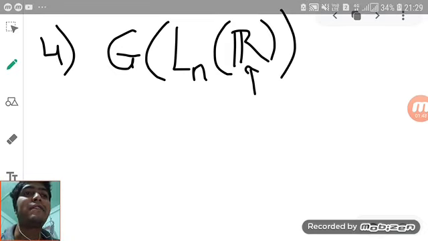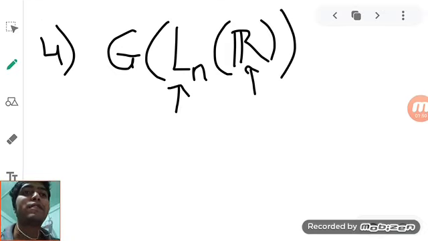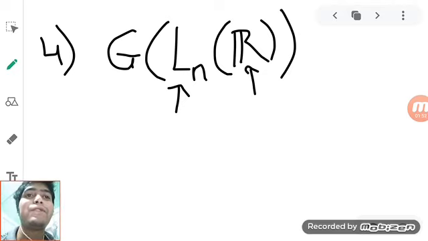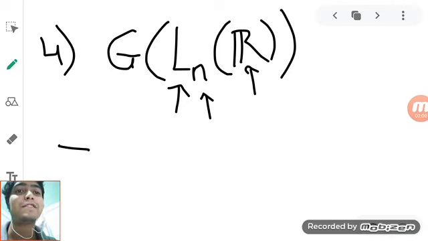This R stands for real numbers. This one stands for linear, and G just says that it is a linear group. N is the order of a matrix, a square matrix.